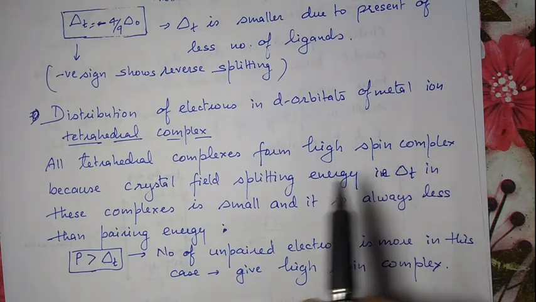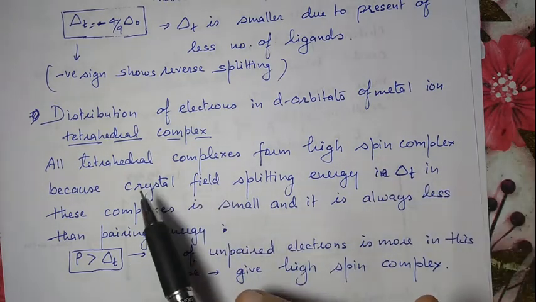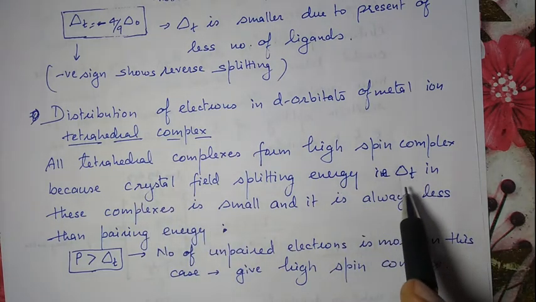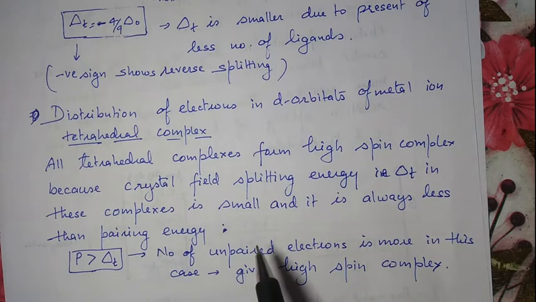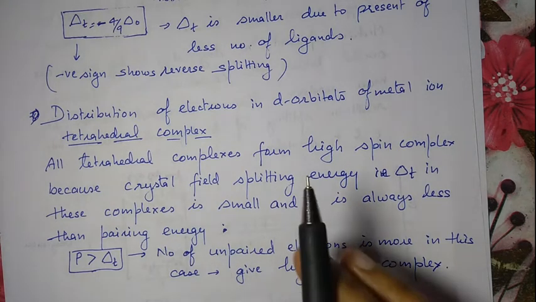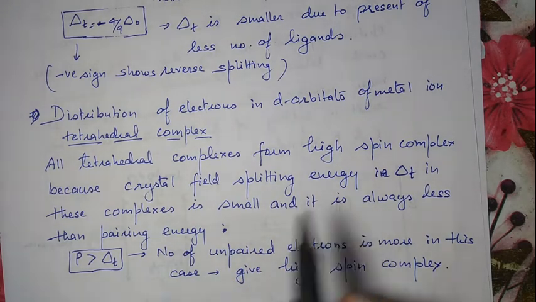Low spin complex possibility is nil, because this crystal field splitting energy, that is del T, in these complexes is small, and it will always be smaller than the pairing energy. A low spin complex will be formed when the crystal field splitting energy is higher than the pairing energy.